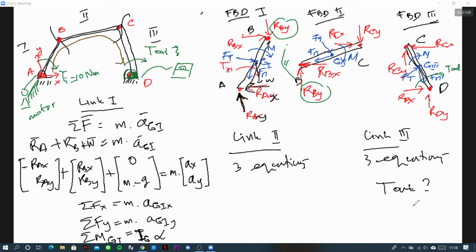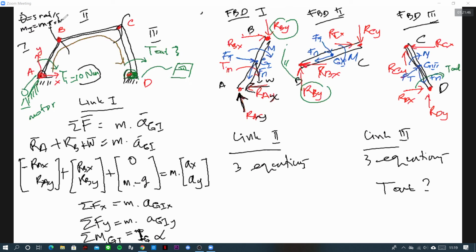I will give some values so you can try it at home. Let's say the input torque is 10 Newton meter, and theta dot is 5 radian per second, and all the masses are the same.